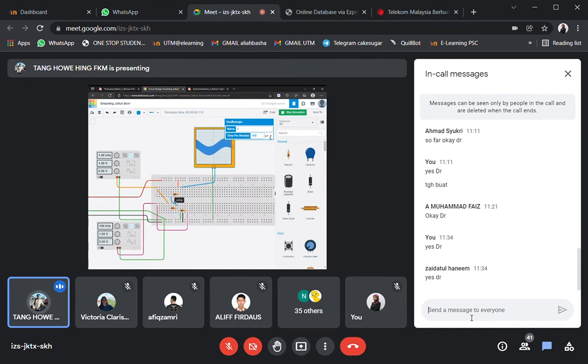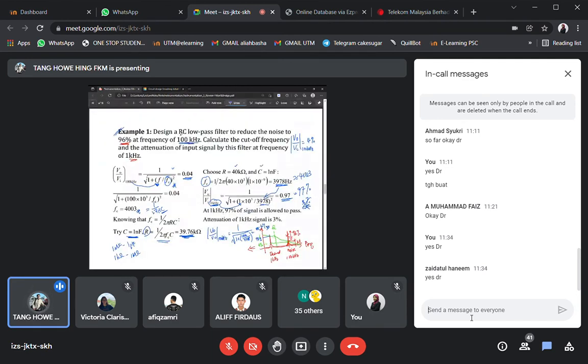I'm going to embed the low pass filter that we have already designed in here. According to the low pass filter, we found that the resistor we want to use is 40 kilo ohm, and the capacitor is 1 nanofarad. Okay, 40 kilo ohm and 1 nanofarad.